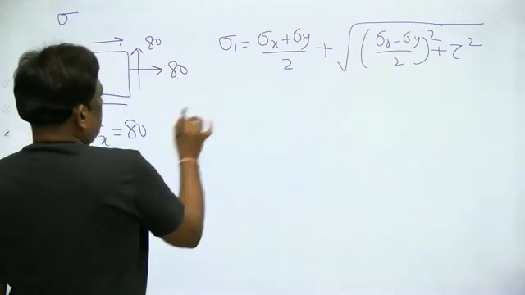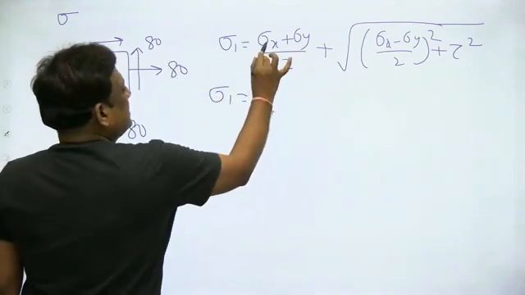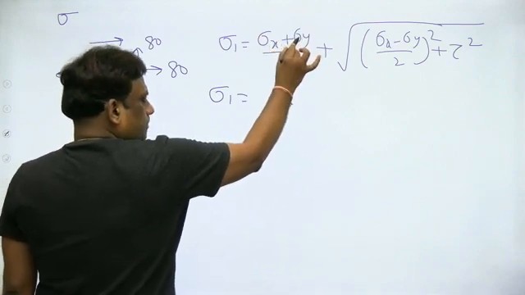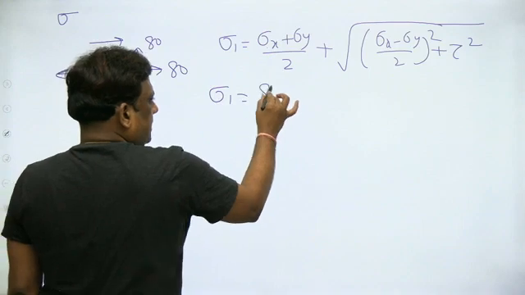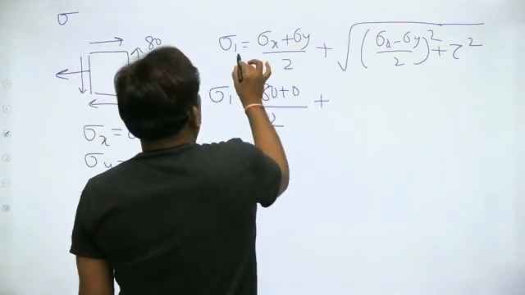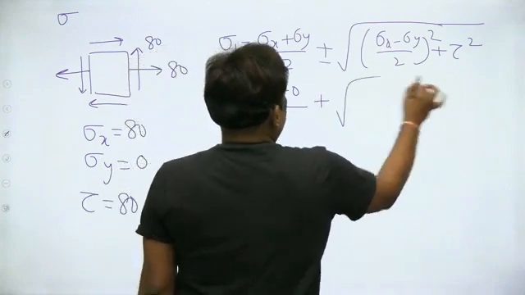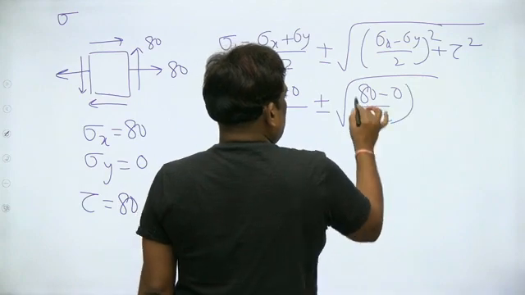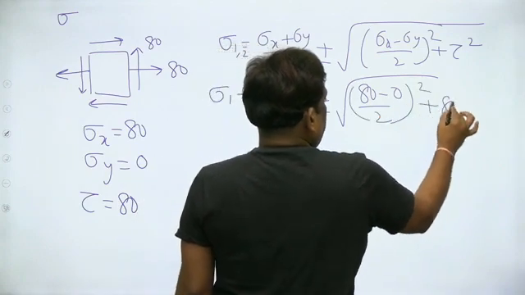Sigma x is 80 plus 0. So sigma 1, 2 is 80 plus 0 by 2 plus or minus under root of (80 minus 0 by 2) whole square plus tau, which is also 80.